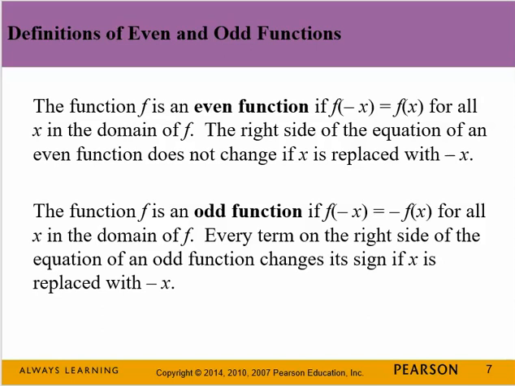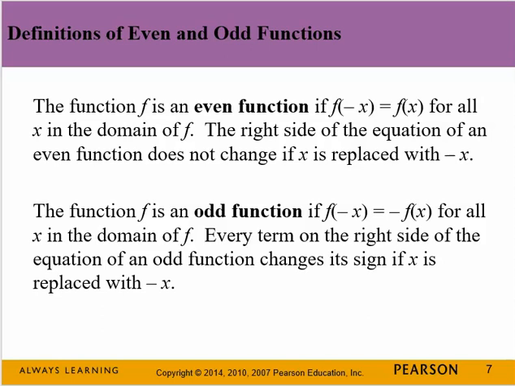Now here we're looking for a definition of even and odd functions. Now for background, we're taking a look at the definition of an even and odd function. So read this slowly and carefully here.